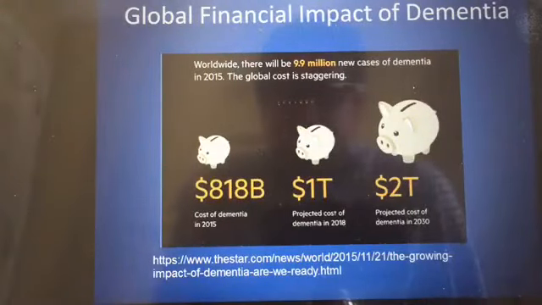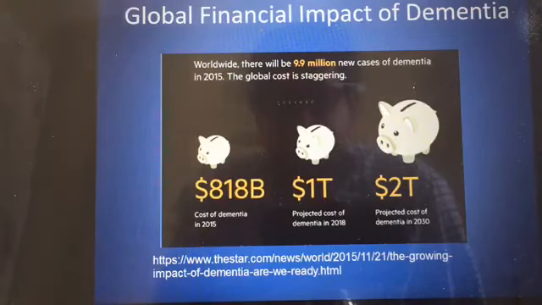Many of you, unfortunately, may be aware of your near and dear ones who may be suffering from dementia. In Western societies and increasingly in developing economies, even in India, where I come from, dementia is becoming a very big burden on the healthcare systems. Now this data is slightly dated, but it is not completely dated. In 2015, it was estimated that we would have 9.9 million new cases of dementia.